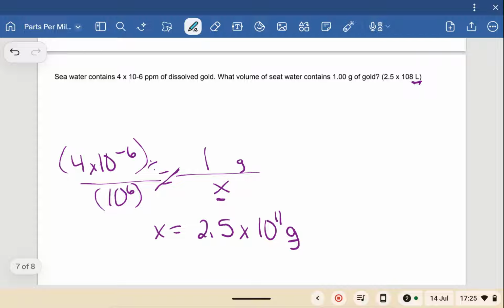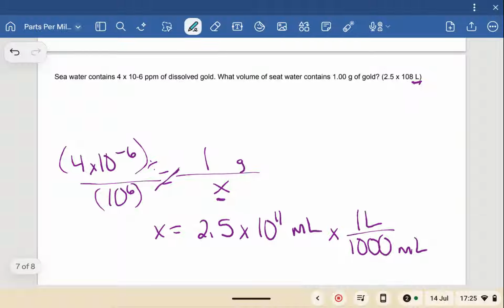So we can remember that 1 milliliter equals 1 gram. So we can easily just take this gram out and replace it with milliliters, again, because 1 milliliter equals 1 gram. So we can replace those units. Then what we can do is remember that in 1 liter, there's 1,000 milliliters. So we get that value that we're given, and then we're going to multiply it by 1/1000.